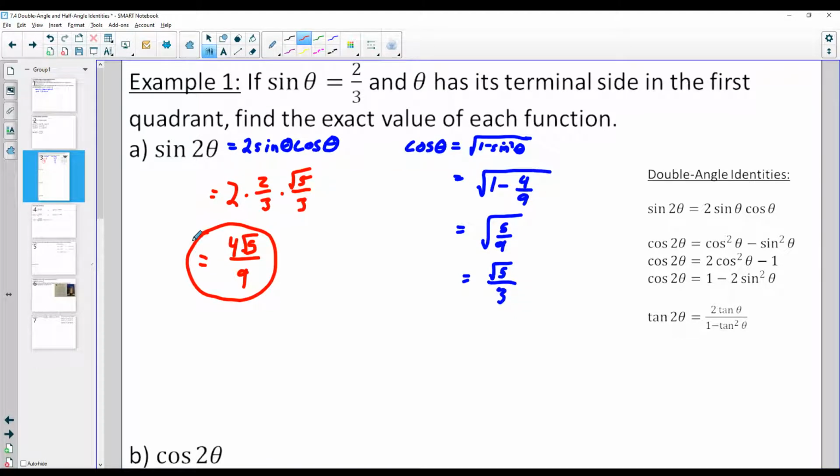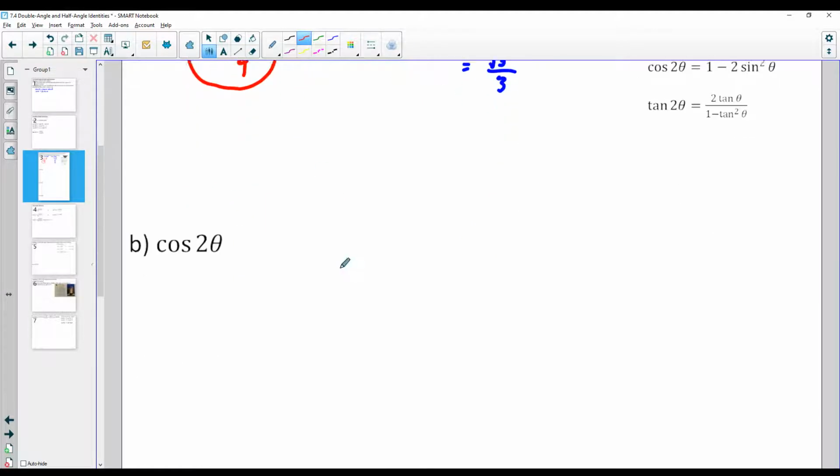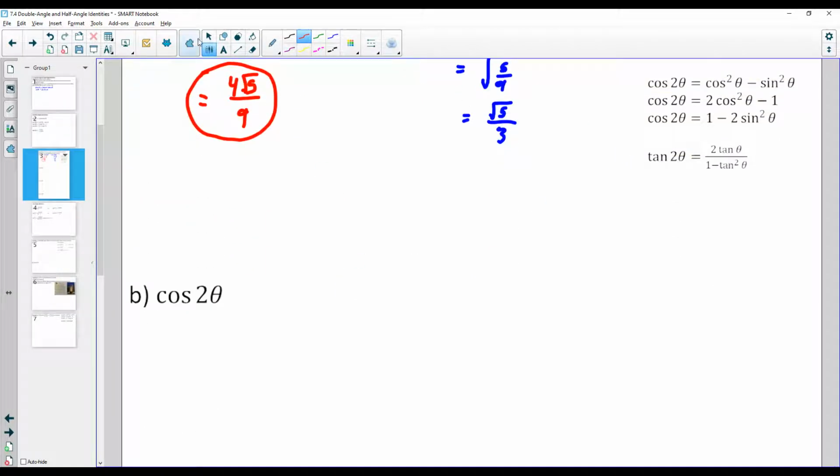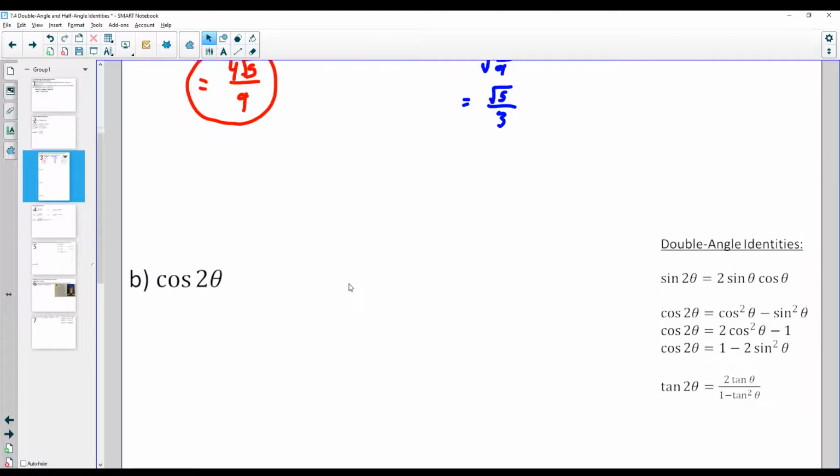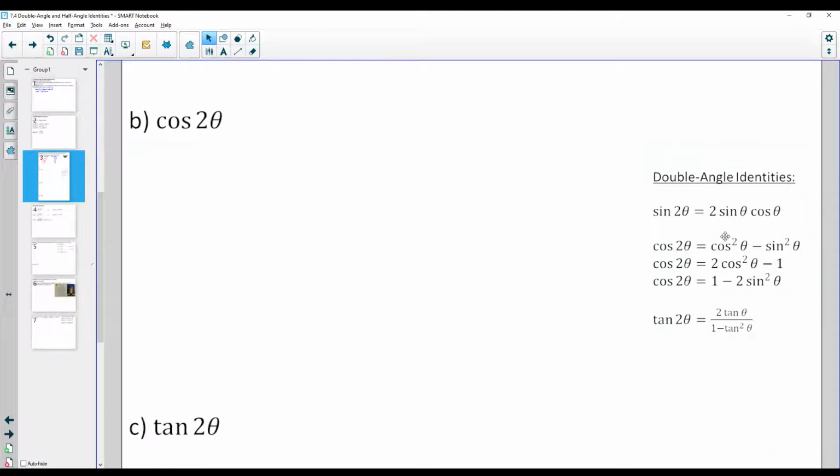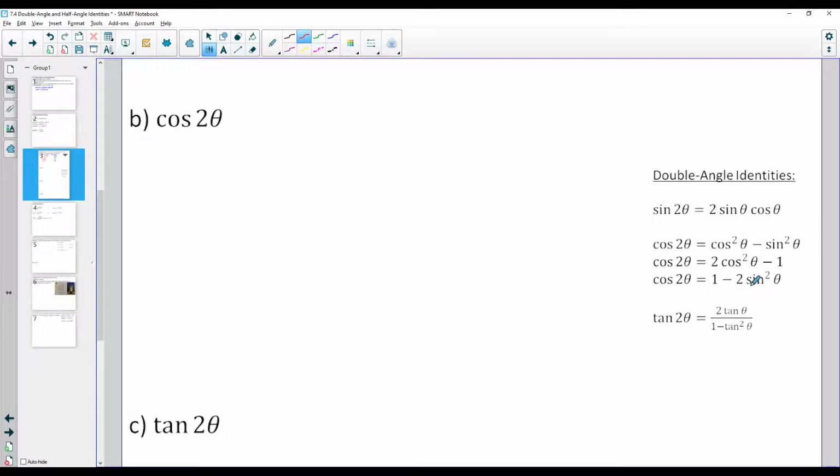So now we go down to cosine of 2 theta, and we're going to bring these with us, and we'll notice that we have a lot of options to choose from. You can pick any of them. I'm going to choose the bottom one just because we already have sine of theta, and sine of theta is probably the nicest number we have. So I have cosine of 2 theta equals 1 minus 2 sine squared of theta.